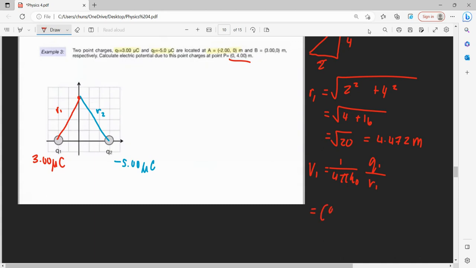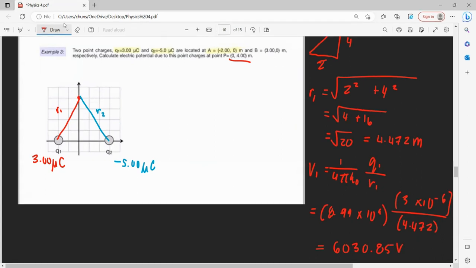So this is equal to 8.99 times 10 to the 9, and this is 3 times 10 to the negative 6 coulombs over 4.472 meters, and this becomes 8.99 times 10 to the 9 times 3 times 10 to the negative 6 divided by 4.472, and this gives us 6,030.85 volts.